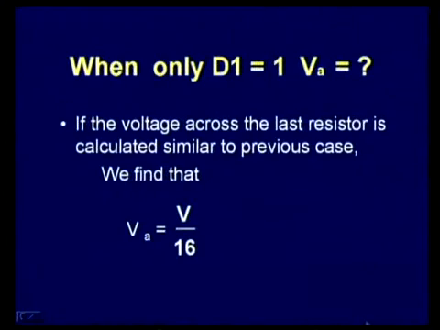So, when only one bit is made high and others are made low, we get different values of the analog voltage. Then we apply an important rule on these concepts to build the R2R ladder network.